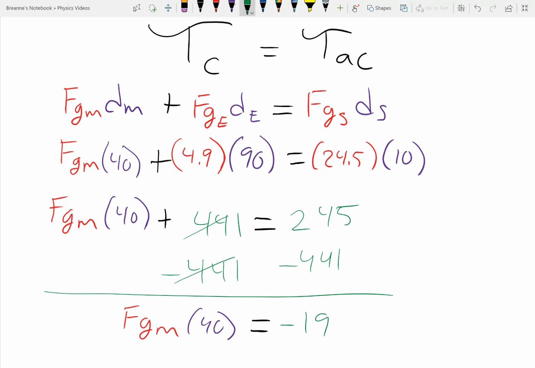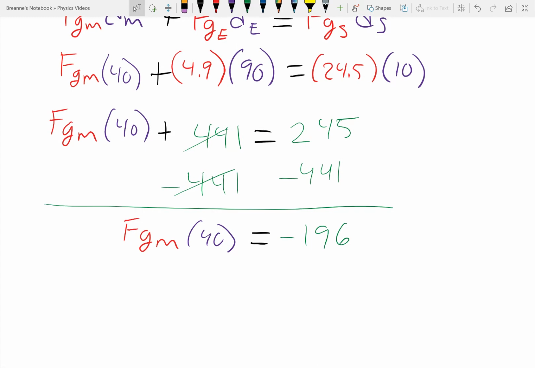You've got negative 160. Remember, negative in physics just means direction. That's all negative means in physics. It just means direction.